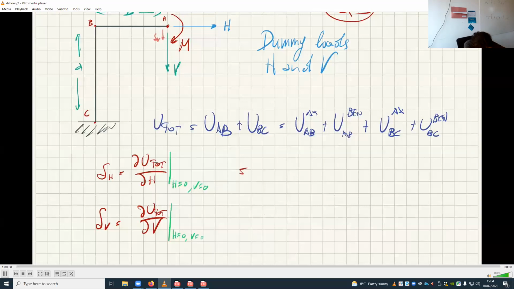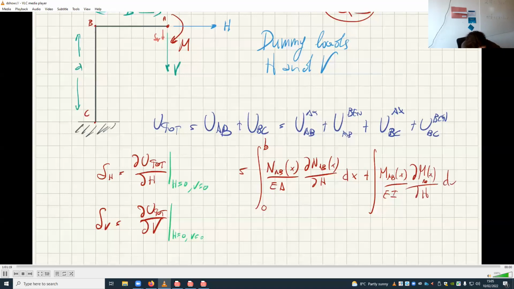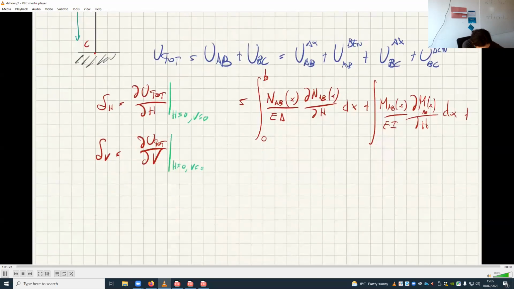So for simple integration, I have the integral from 0 to b, because I'm looking at AB first, of N AB of x divided by EA times the derivative of N AB of x in dH dx, plus the integral of M AB of x over EI times the derivative of M AB of x in dH dx.